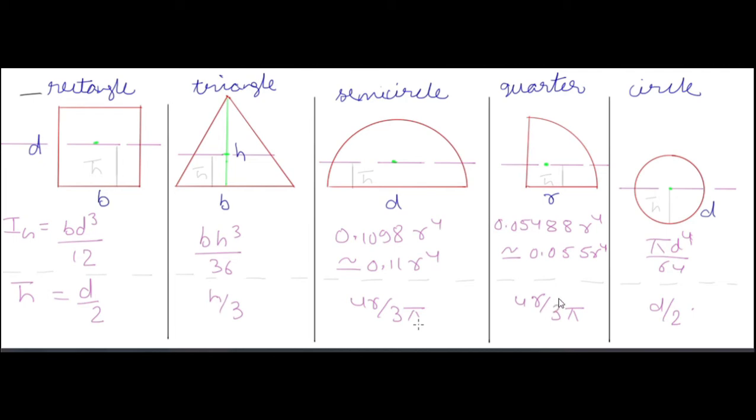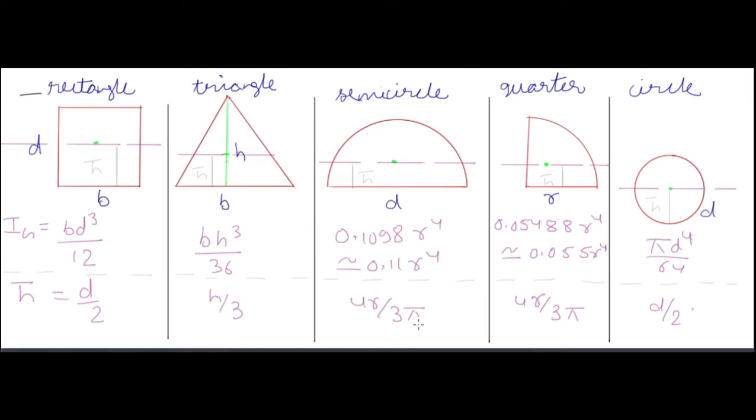It's the same for semicircle and quarter circle, and for a circle it's d by 2, that means at the center. In a rectangle it's at the intersection of the diagonals. In the triangle you know where the centroid is, so h by 3.